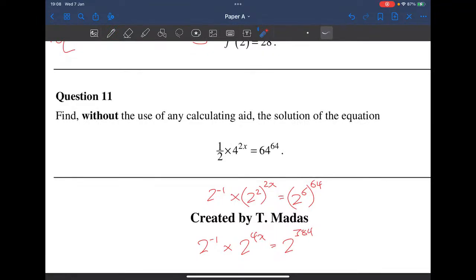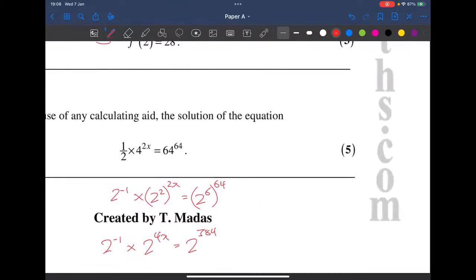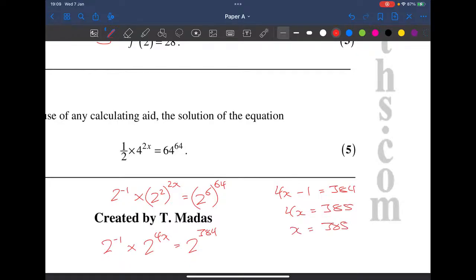And the last few steps, we can either combine this together with the 4x, or effectively times by 2 and bring it to this side and make that into 385. Both ways work out to be the same equation of 4x minus 1 is equal to 384. So 4x equals 385, x is equal to 385 divided by the 4.